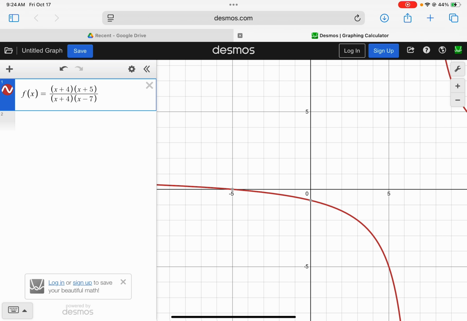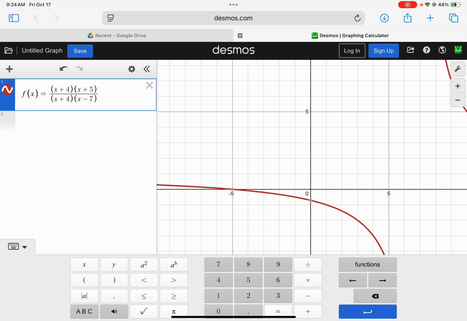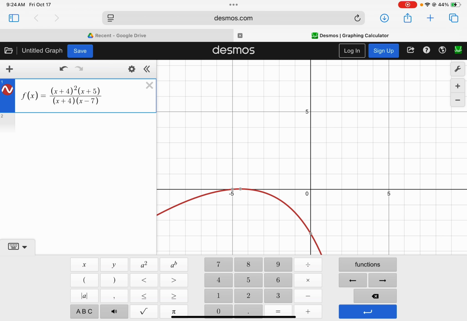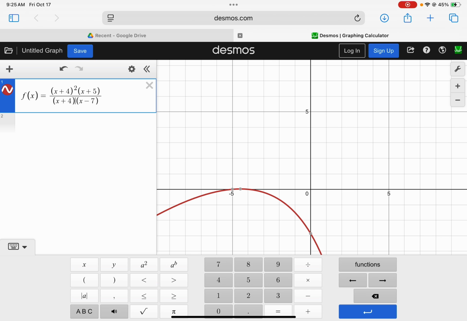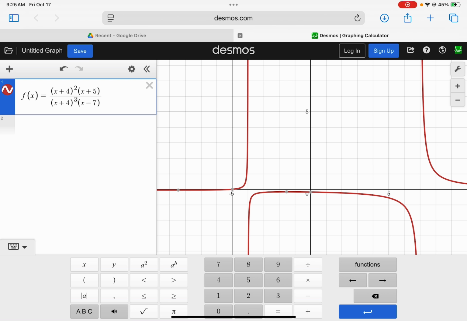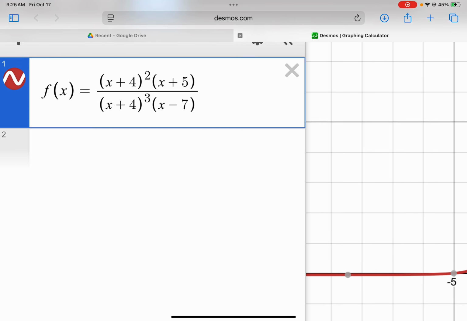Now, what happens if I change these exponents around a little? Well, let's say I make this squared. Okay, what happens at negative 4? I still am undefined. So if the exponents are the same or the numerator is higher of the factor, then we get a hole. But something changes when the denominator of the factor has a higher degree.